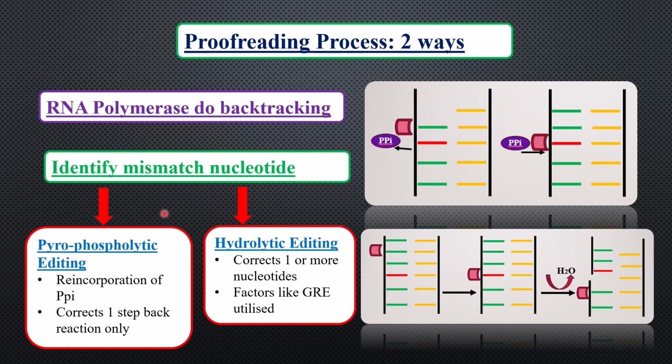How does that happen? Whenever RNA polymerase is moving forward and catalyzing new RNTPs into the RNA transcript, if there is a mismatch, meaning a wrong base has come to a wrong position, then the conformation of the transcript or the DNA-RNA hybrid changes. That is, its structure is not what it should have been. When the structure becomes misfolded or a deformity comes, because of that deformity, that mismatch becomes exposed to the endonuclease site of the polymerase enzyme.